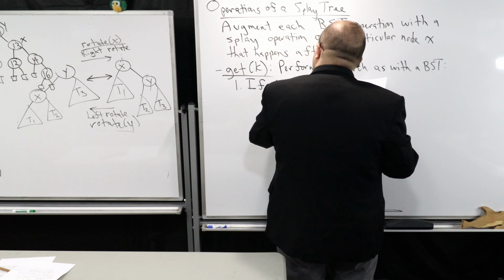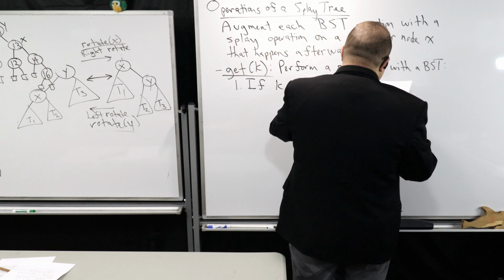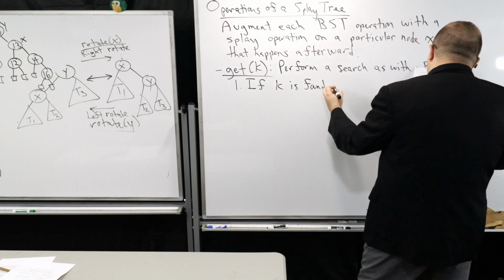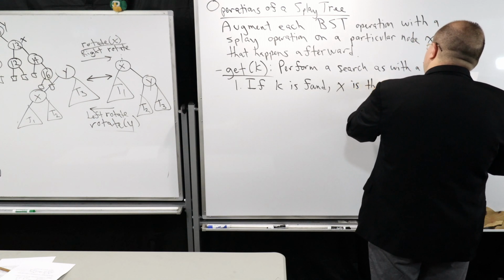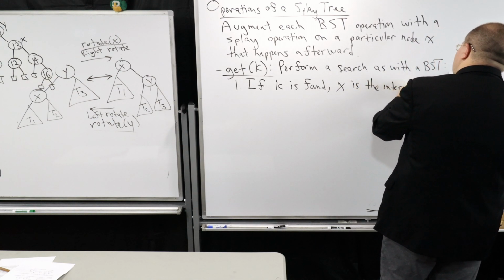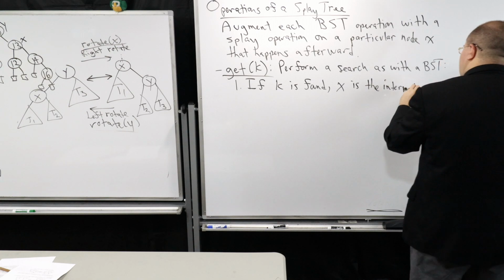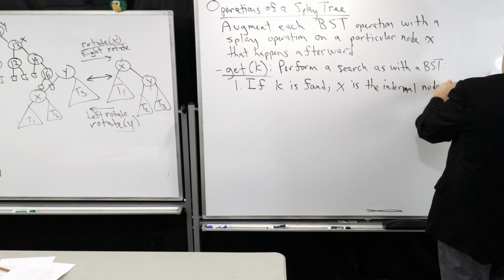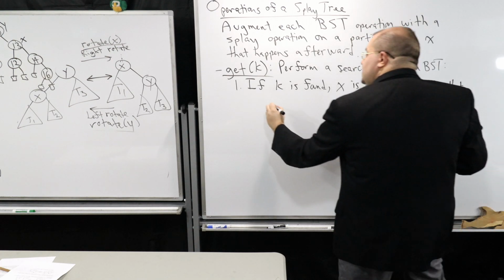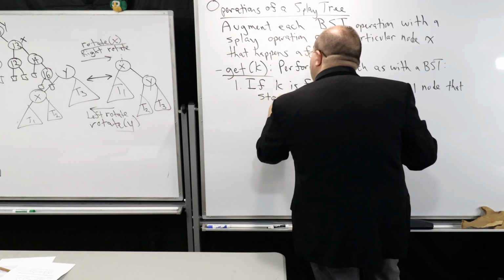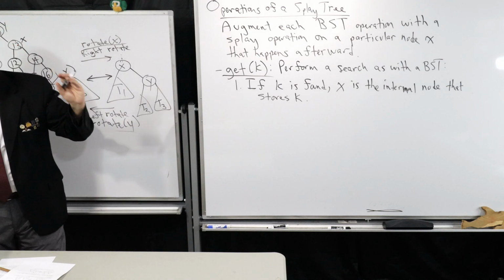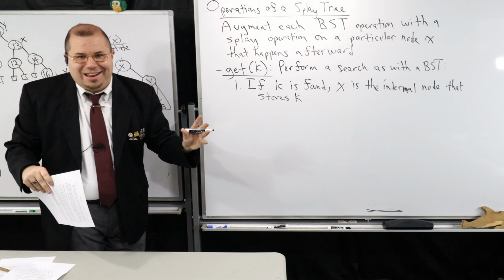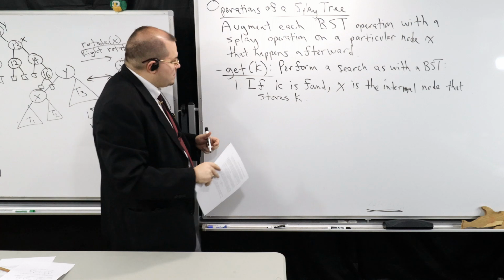If K is found, X is the internal node that stores K. So you're just going to pick X to be the node that has the key K in it. That's the one you're going to splay.